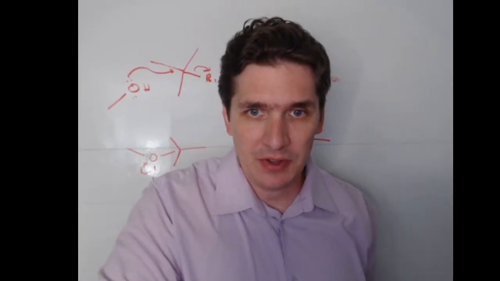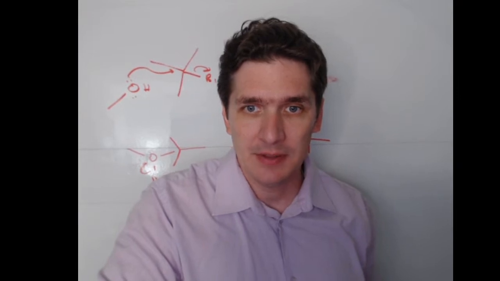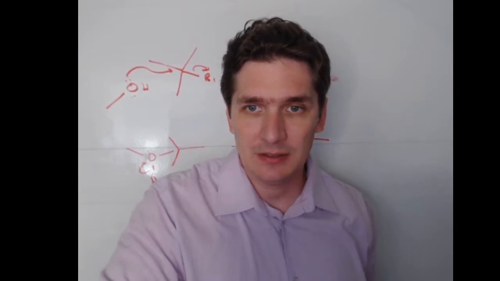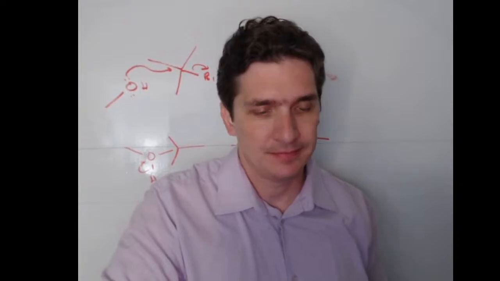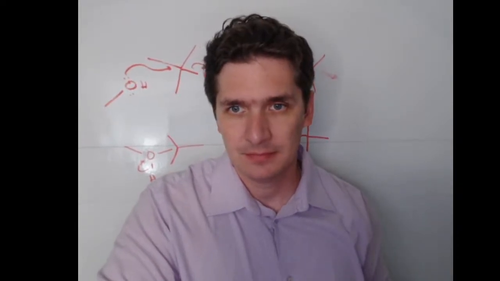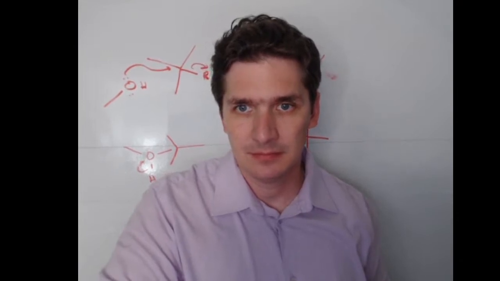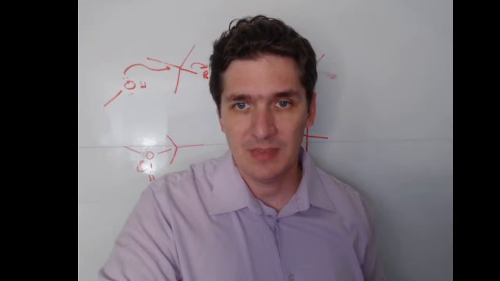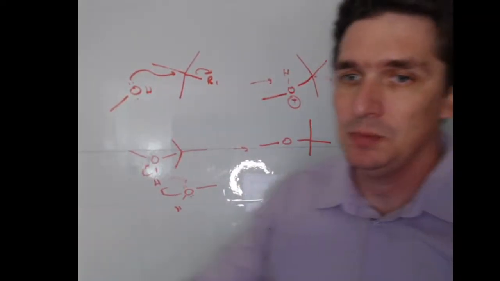So the first question is, draw the product that is formed. The product that is formed here is methyl tert-butyl ether. So we've got a methyl group, a tert-butyl group, and an oxygen between them.